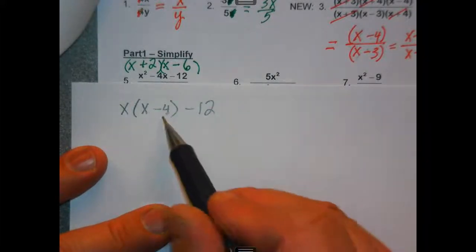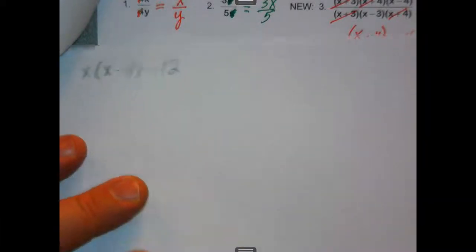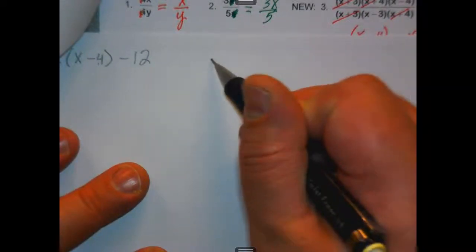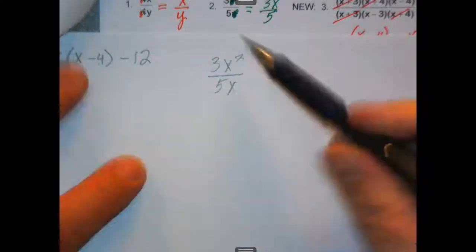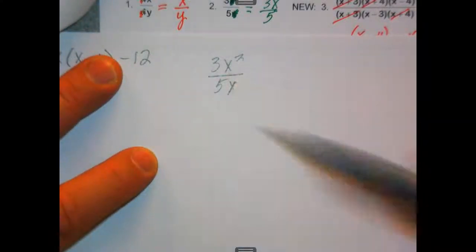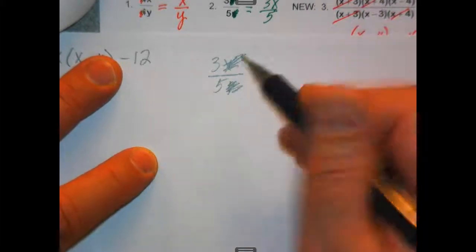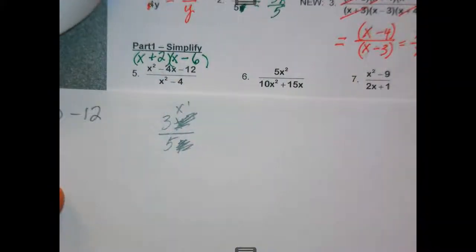So I can't. Number 2? Well, that was all multiplication, though. There's no addition or subtraction in this problem. So that's why I can actually go ahead and do the x's. But yeah, there's subtraction or addition in there. I got to factor. Okay.